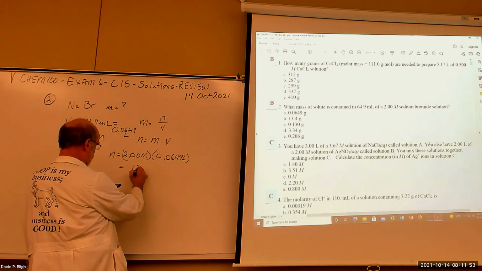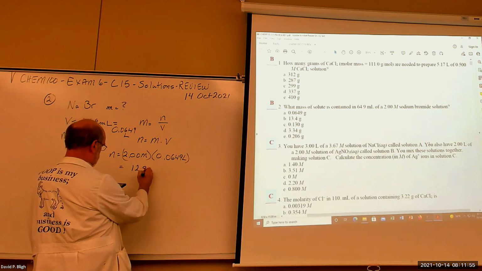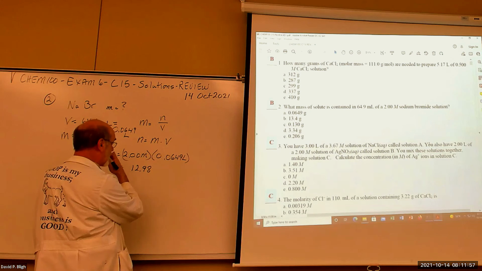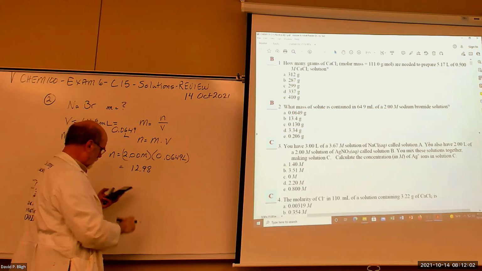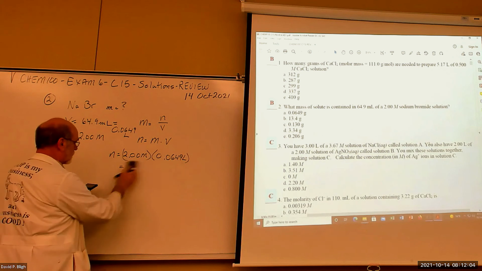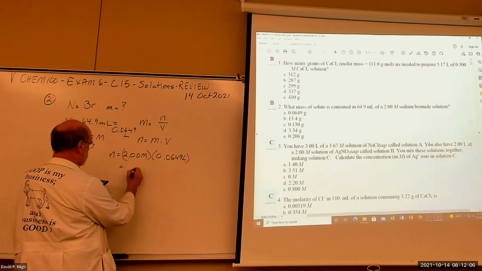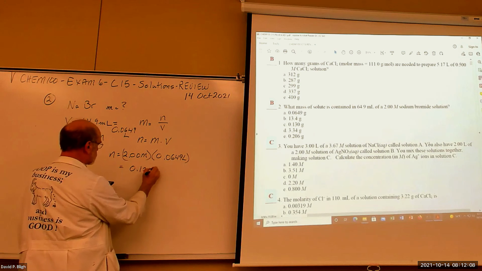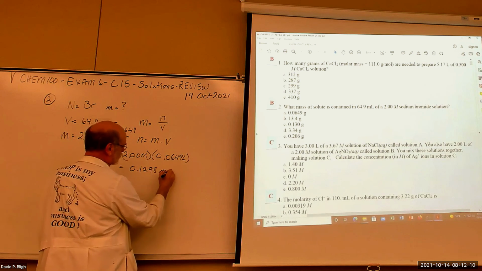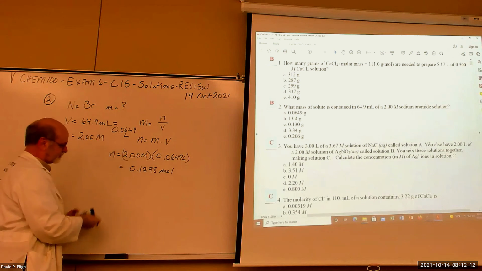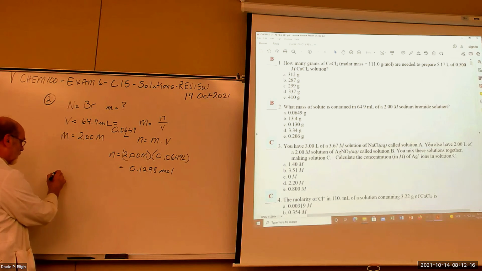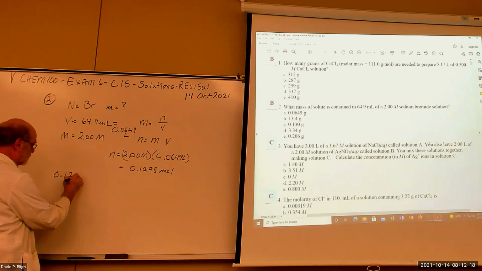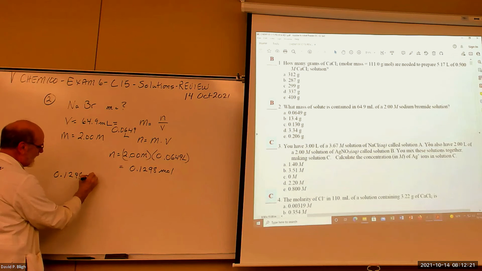Let's see, that's 12.98. I'm going to keep an extra significant figure there just to avoid rounding errors. 0.1298 moles. Okay, so now we need to convert moles to mass.